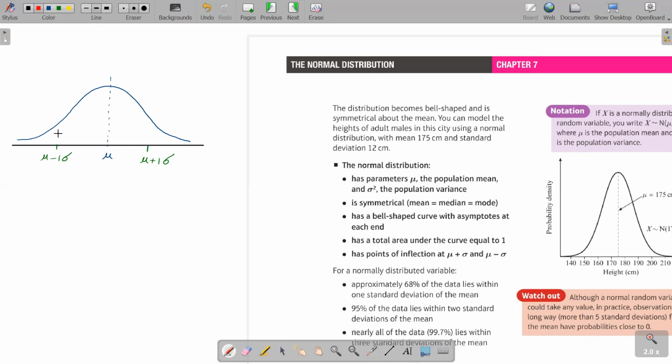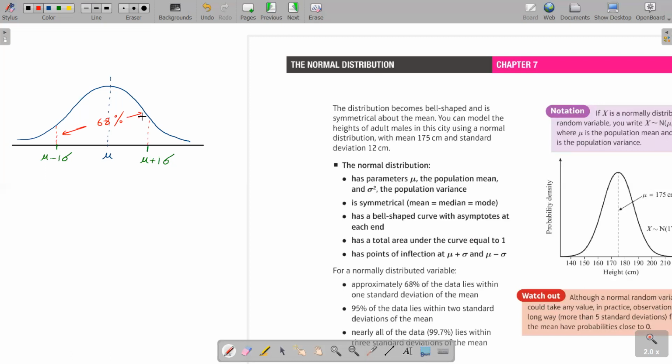If I draw this line over here, between mu plus 1 sigma and mu minus 1 sigma, how many data points do you find? There is 68%. 68% of the data will be between mu minus 1 sigma and mu plus 1 sigma.